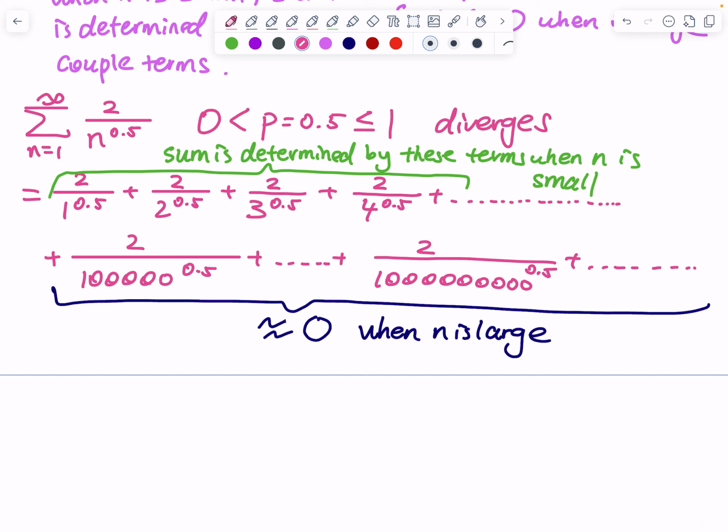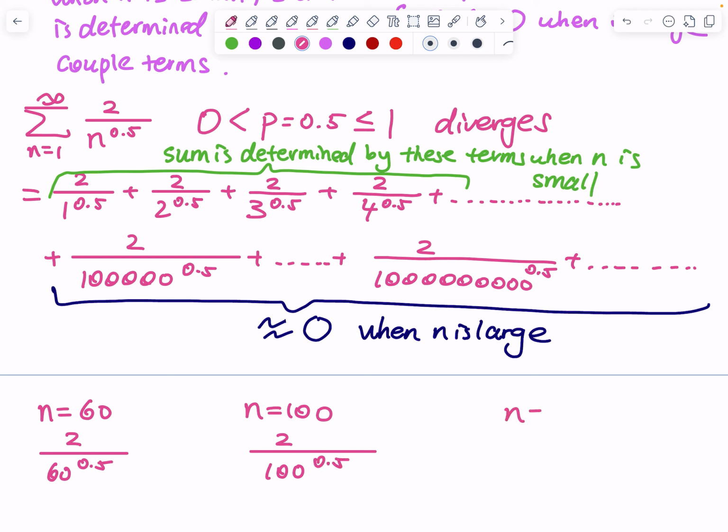What about this? When n equals 60, you have 2 divided by 60 raised to 0.5. When n equals 100, you have 2 divided by 100 to the 0.5.